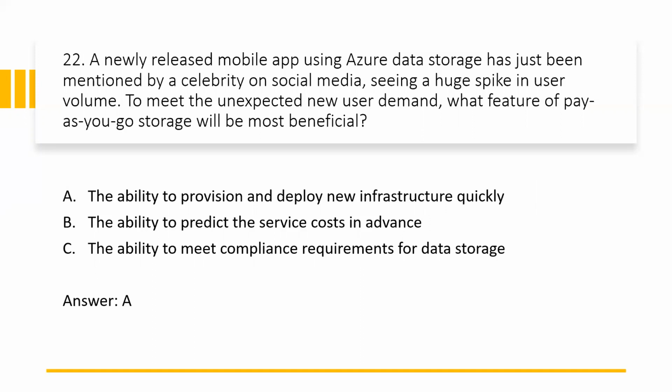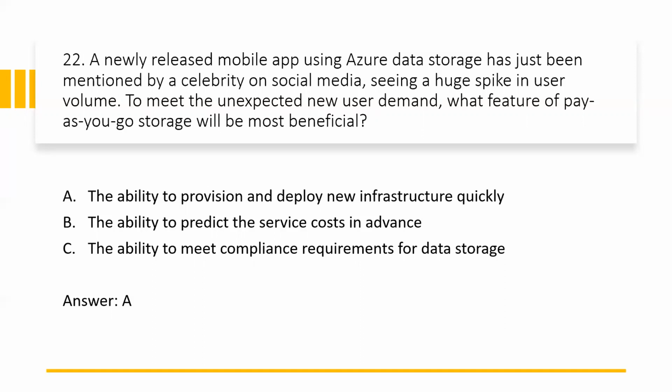Question 22. A newly released mobile app using Azure data storage has just been mentioned by a celebrity on social media, seeing a huge spike in user volume. To meet the unexpected new user demand, what feature of pay-as-you-go storage will be most beneficial? Let's check the options.